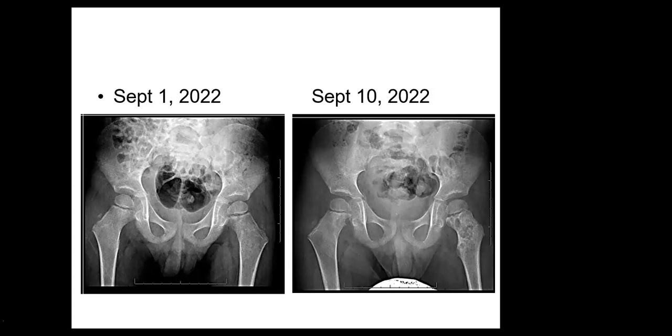Frontal view or AP view of both pelvis and hip joints, showing there is abnormal destruction of the metaphysis of the left femur, particularly at the neck.